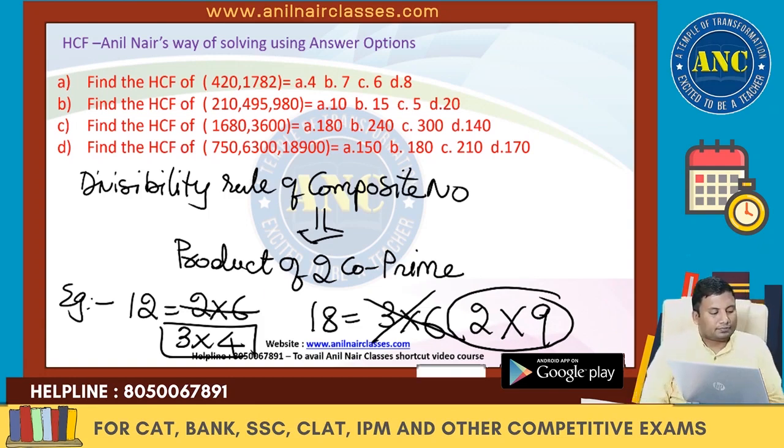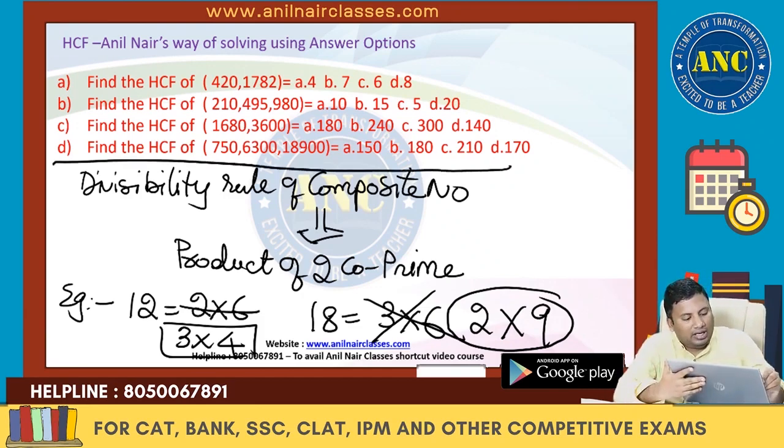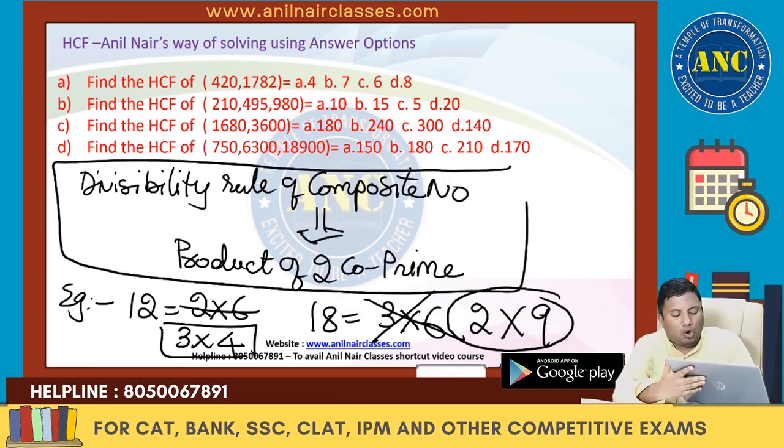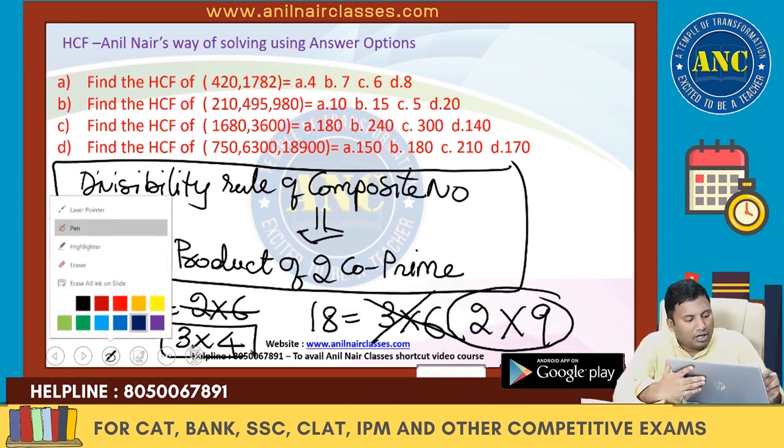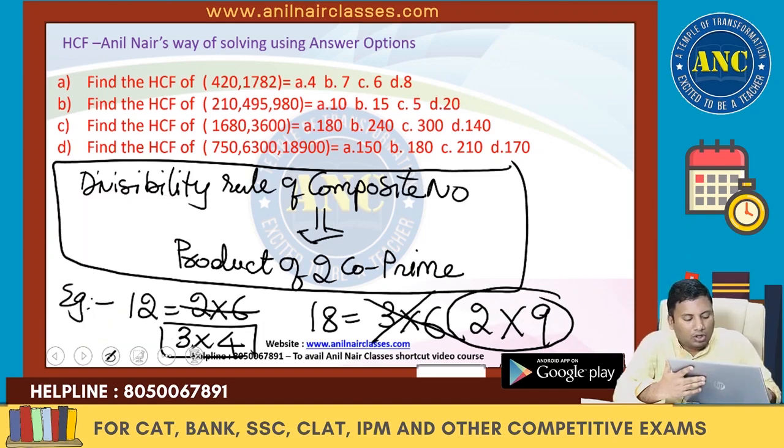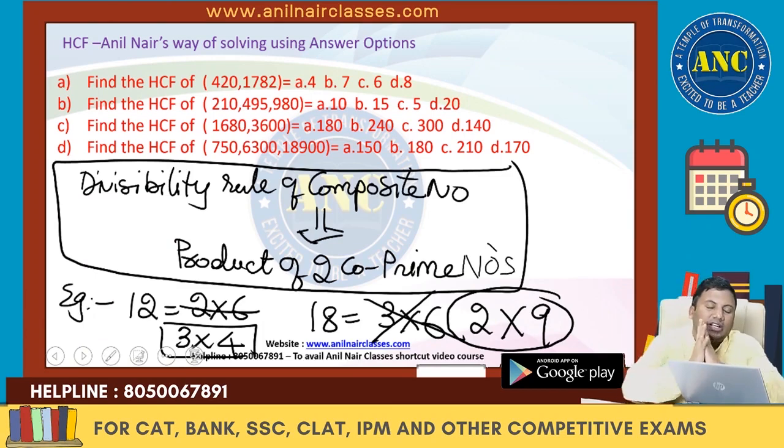Composite number divisibility rule is a product of two coprime numbers. All the four options. Is it clear to you? Please reply in the live chat if it is clear to you.